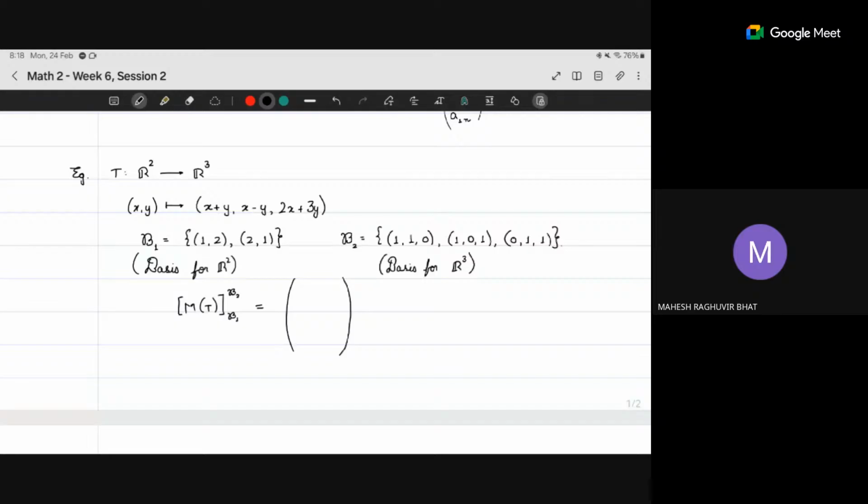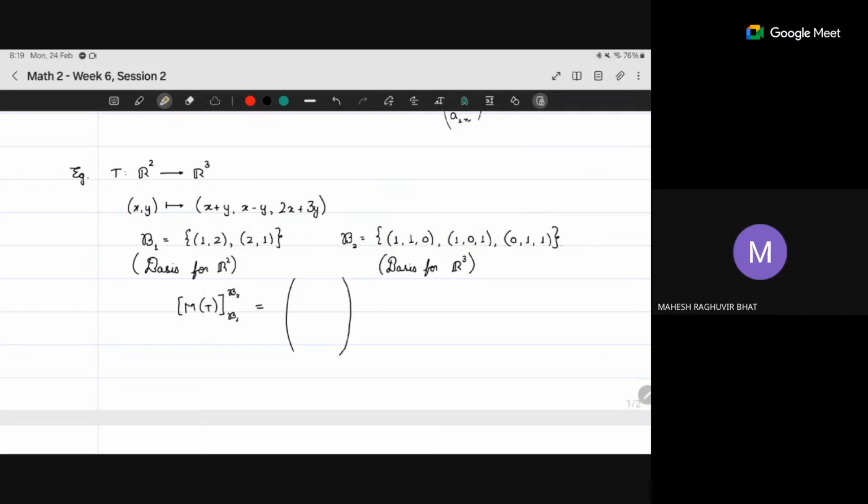For example, x plus y, are we taking the basis (1, 2) and (2, 1) and then calculating x plus y, or are we just taking the standard one? Even if this basis was not given to you, this definition makes sense, right? That definition is independent of any basis that you have chosen.